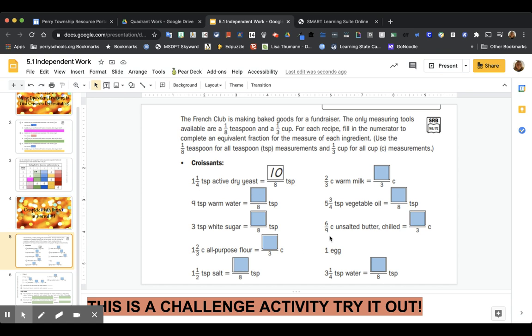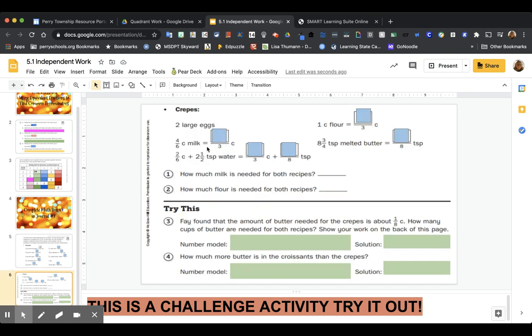And so you see that this is supposed to be a recipe and you fill in the blanks. So we've got 1 1/4 teaspoon active dry yeast equals 10/8 teaspoons. 10/8. So what you're doing is just creating equivalent fractions or equivalent mixed numbers for this.